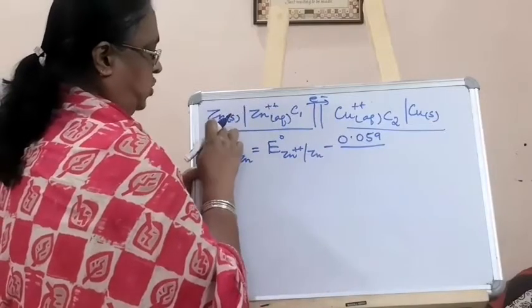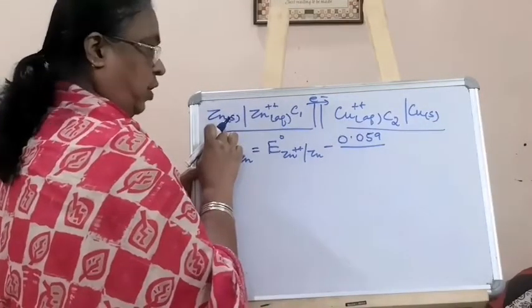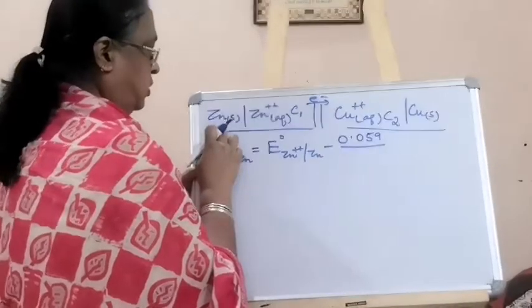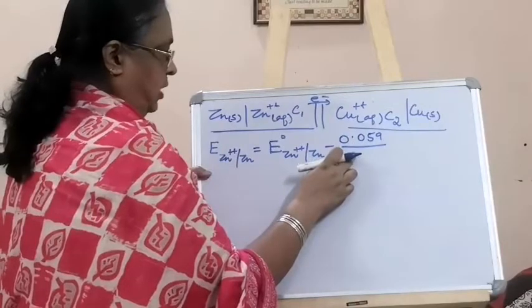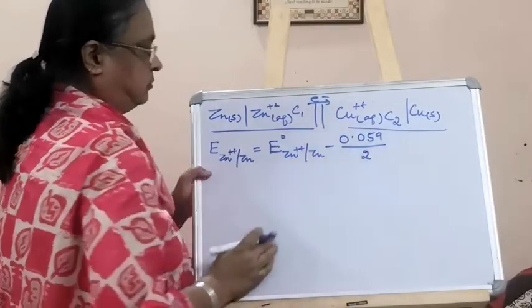If you write the equation for this, as I have taught you, 2 electrons are being lost and 2 electrons are gained. So the value of n will be 2.